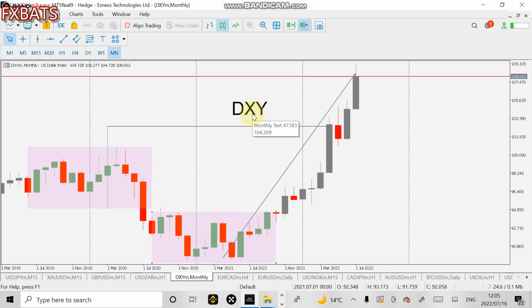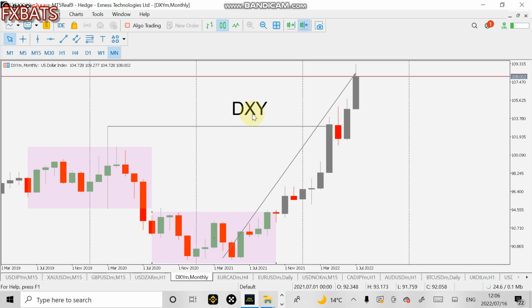DXY is the symbol of the US dollar index, which tracks the price of the US dollar against 6 foreign currencies or more. Let's say 8, because we have 8 measures. It aims to give an indication of the value of the US dollar in the global markets. The index rises when the US dollar gains strength against other currencies and falls when the dollar weakens. So that's the definition.